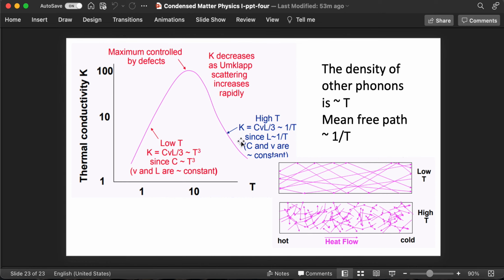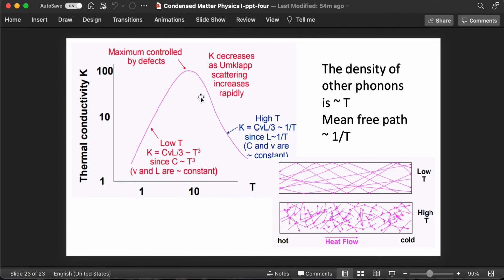That doesn't happen at lower temperatures. Only high frequency phonon modes participate in Umklapp scattering, and they only participate at high temperatures. If you decrease the temperature, those Umklapp scattering states will freeze out, and therefore the thermal conductivity increases. But then you hit a maximum, and that's where you have thermal conductivity with the defects and so on.